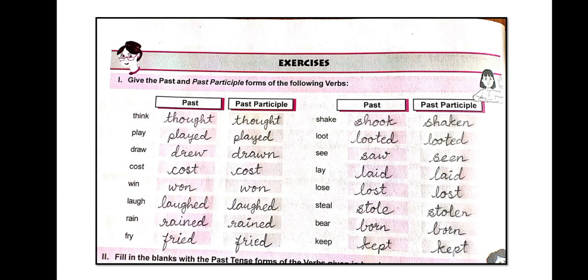Think, thought, thought. Play, played, played. Draw, drew, drawn. Cost, cost, cost. Win, won, won. Laugh, laughed, laughed. Rain, rained, rained. Fry, fried, fried. Shake, shook, shaken.